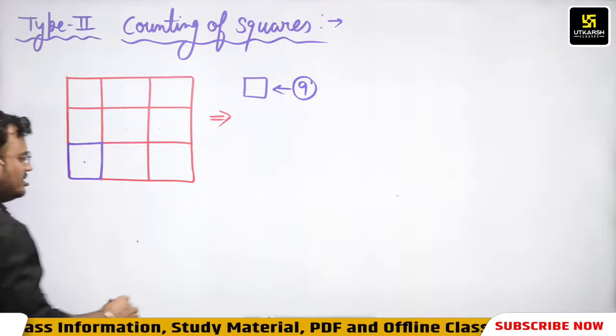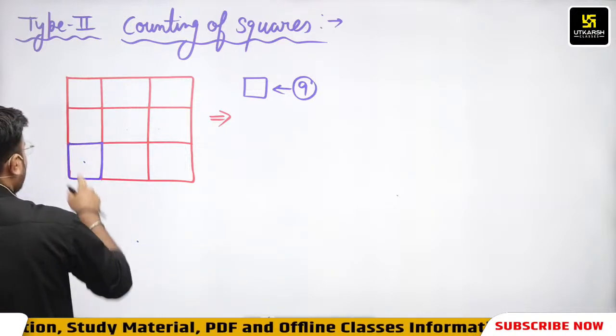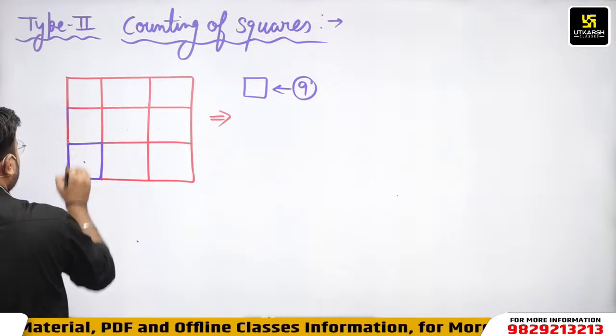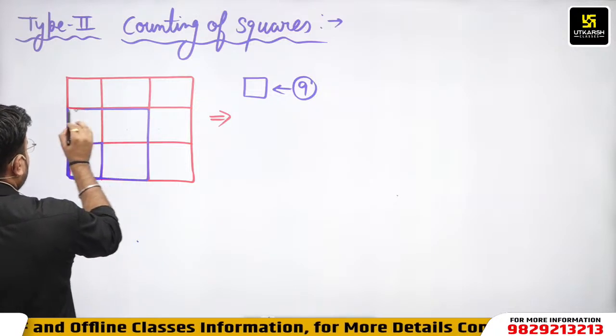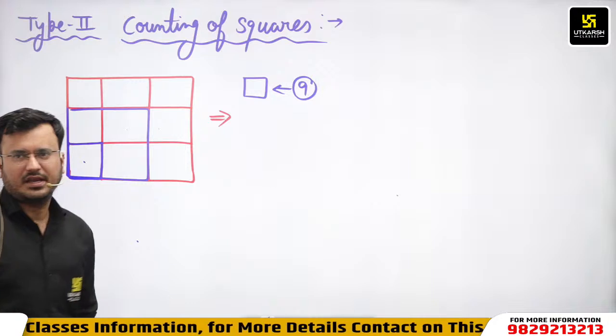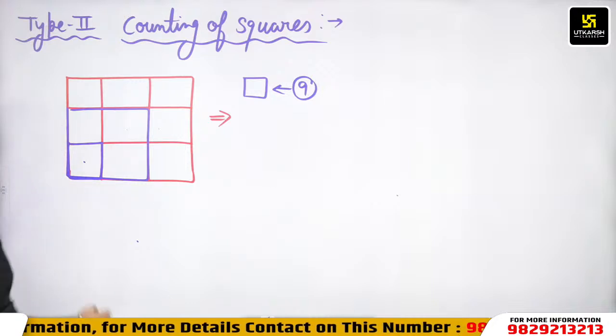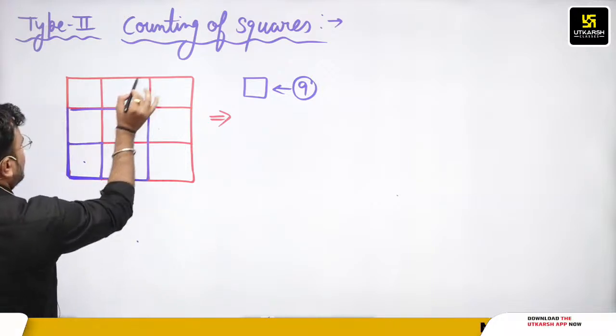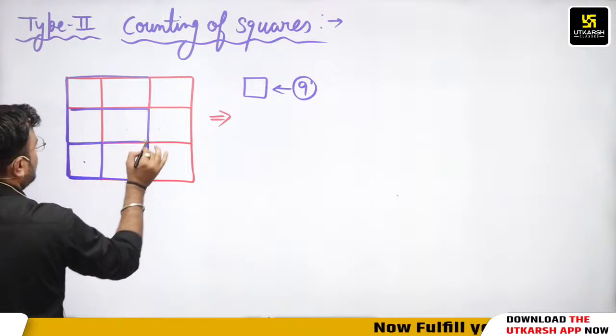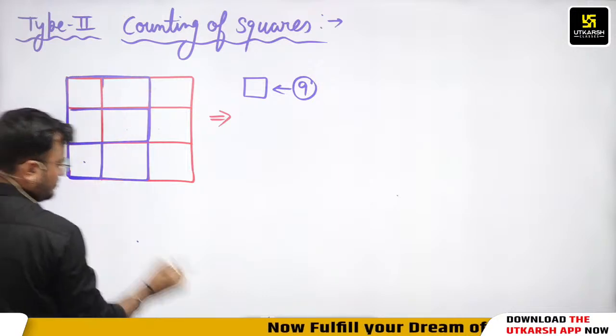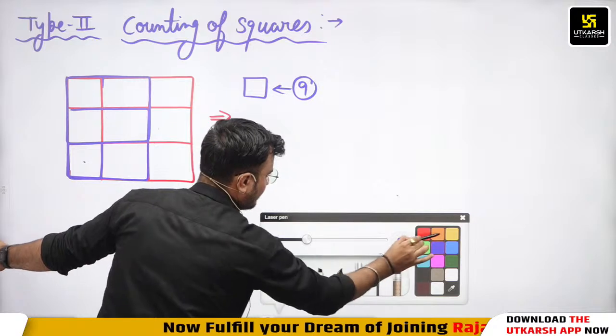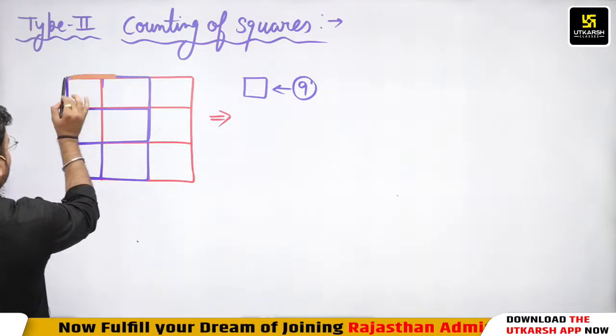Now we need to consider the bigger square with respect to this smallest. So this one is your second largest. How many squares are there? If we consider these squares, this is your first one.